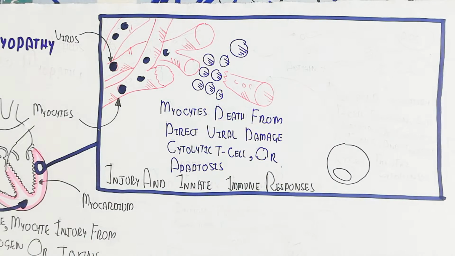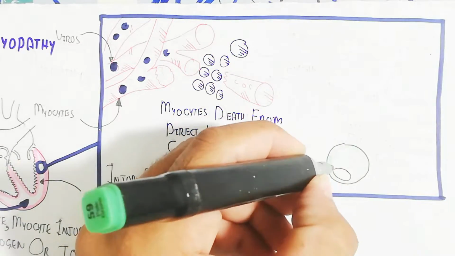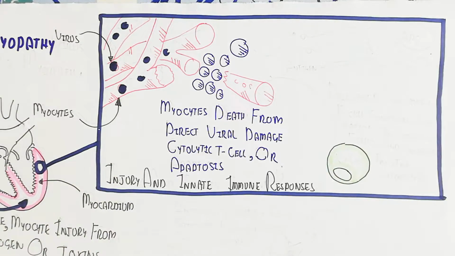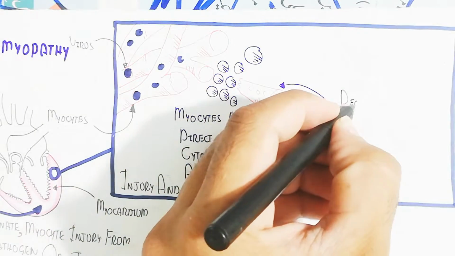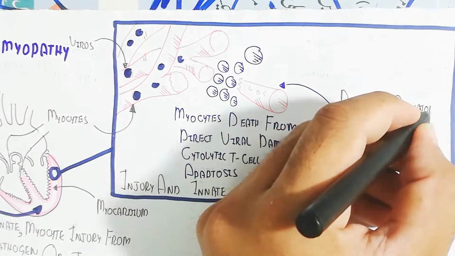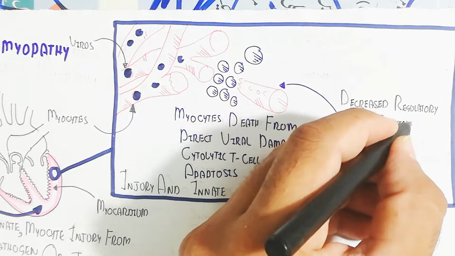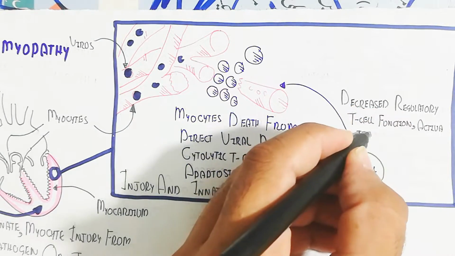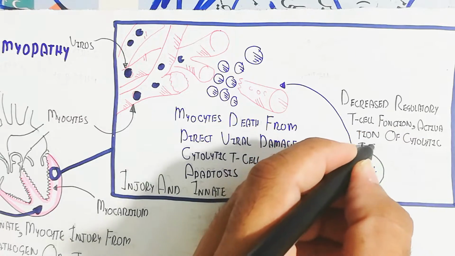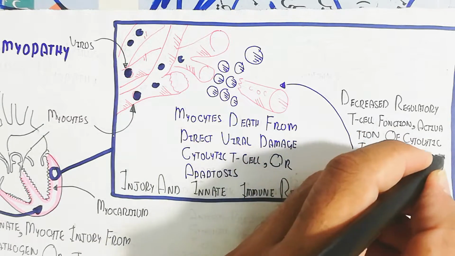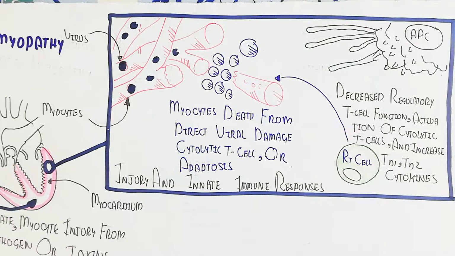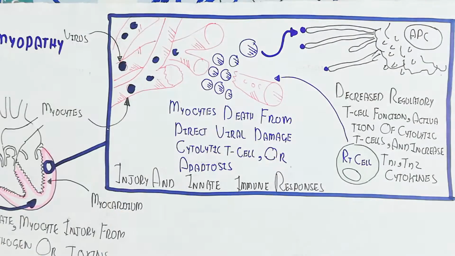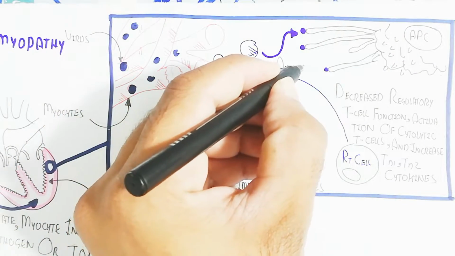So in this way, the T regulatory cell, which is part of the immune response, will inhibit antibody production against the endogenous epitope. So that is why it prevents autoimmune reaction. And in this, regulatory T cell function decreases, the cytolytic T cell is activated, and Th1 and Th2 cytokines increase, which will recruit the B memory cell.